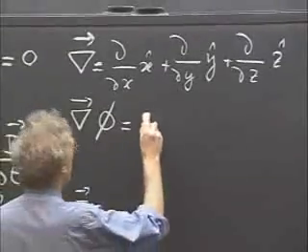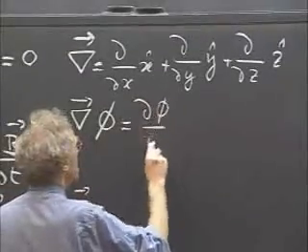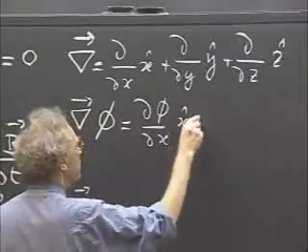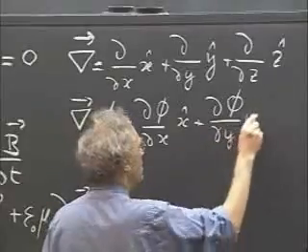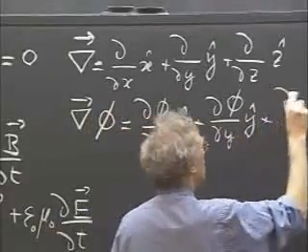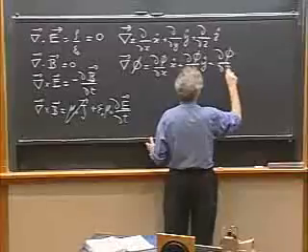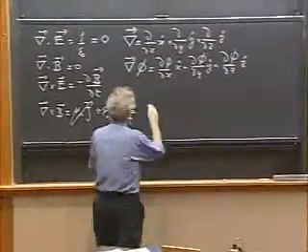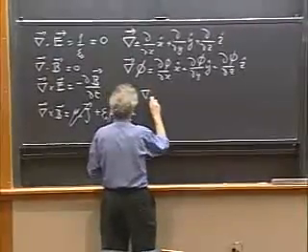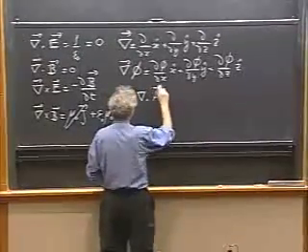That's a vector. That is d phi dx, x roof, plus d phi dy, y roof, plus d phi dz, z roof. And then we have the divergence of a vector A.